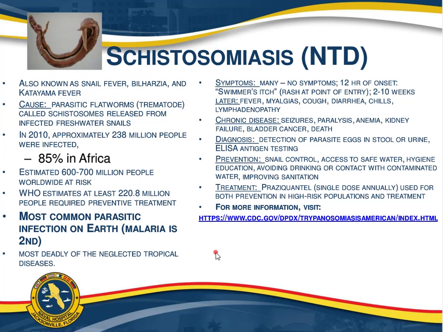In chronic disease, you can get seizures, paralysis, anemia, and the diagnosis is detection of these parasite eggs in the stool or urine. Prevention is snail control, actually, since transmission is through snails, and access to safe water, hygiene, improving sanitation. Treatment is very easy: praziquantel.